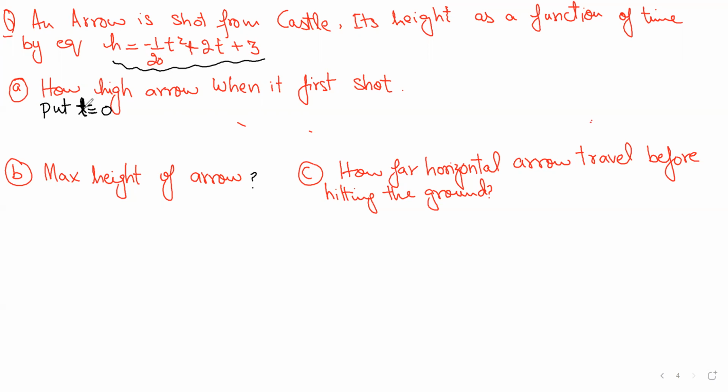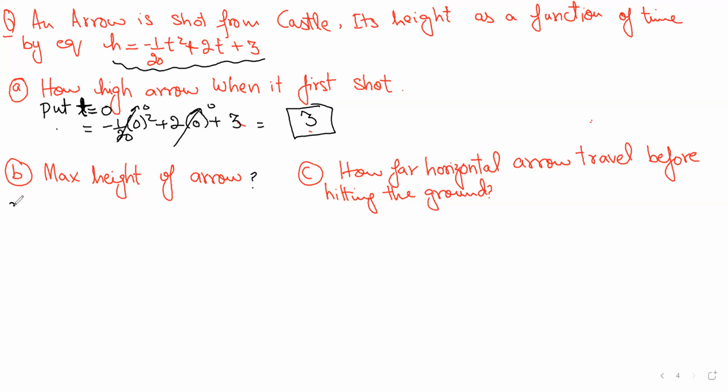So I'm putting t equals 0 in this equation. I will get -1/2 times 0 squared plus 2 times 0 plus 3. If I solve it, this term is 0, this term is 0, so I'm left with only 3. So 3 is the height the arrow starts at, the height when it was first shot.